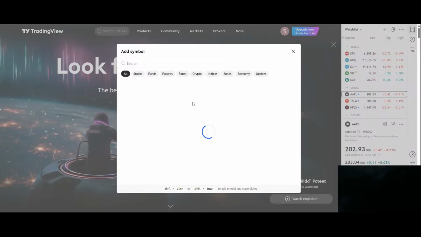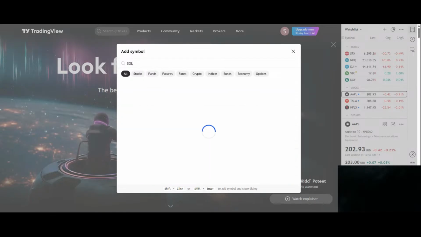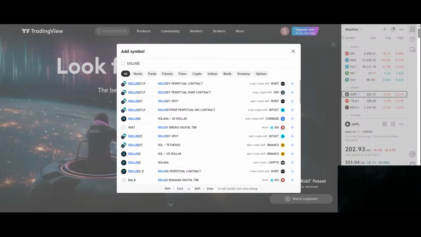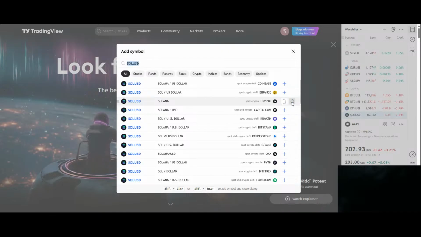So let's try and add one. Search. Sol USD. So I usually watch the spot crypto here on TradingView. That's typically the one I do. Now, where is it?